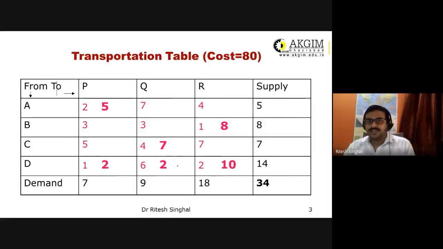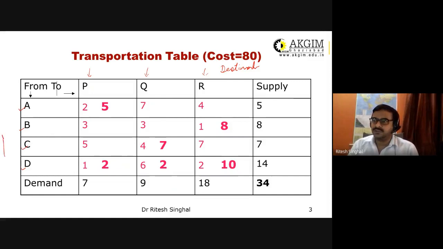Let's discuss this with an example, which we have also studied in previous videos. There are 4 sources like A, B, C, and D, and there are 3 destinations like P, Q, and R. So there are 4 sources and 3 destinations.